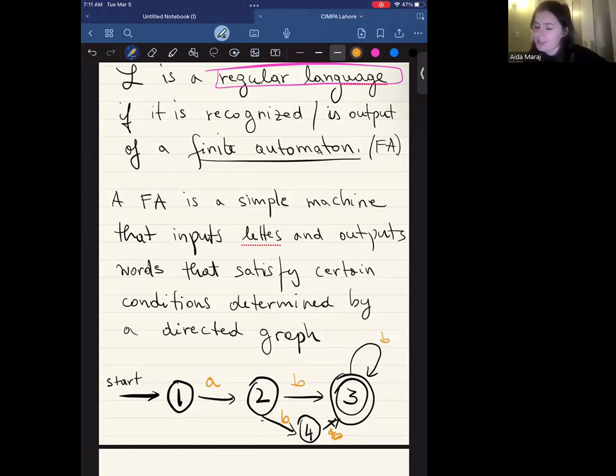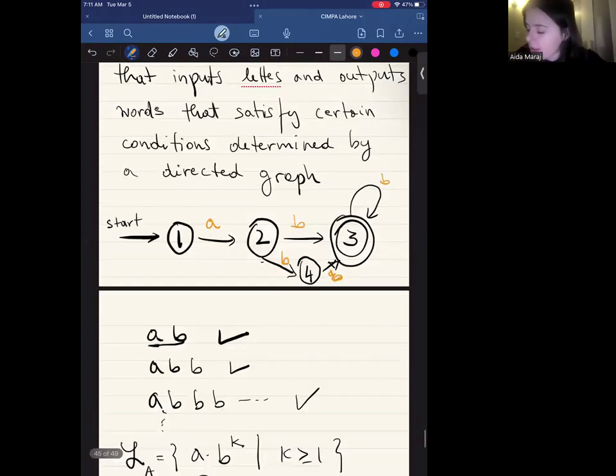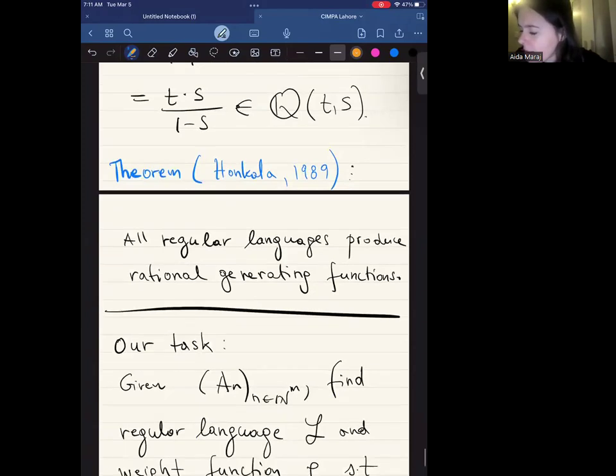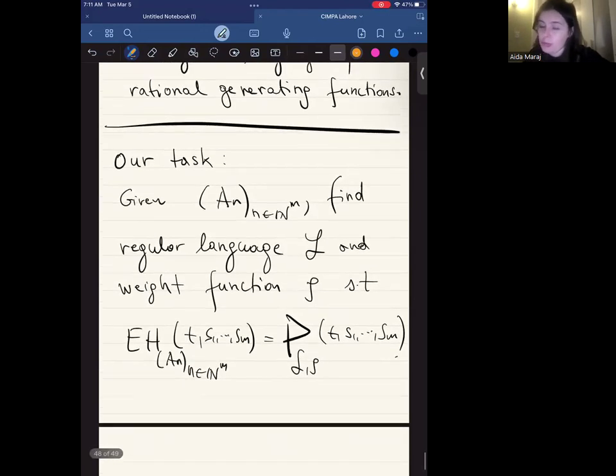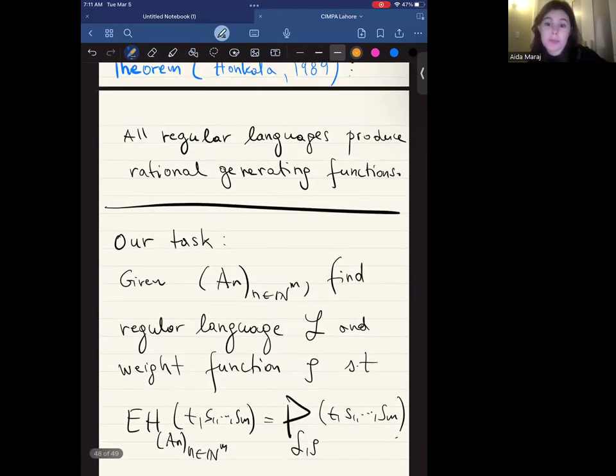But you would not like this one. You would like more the other one because it had fewer states to work with. And we do advocate for automata with a low number of states, because the theorem that I mentioned here also provides a way to compute the rational generating function. So once you have a regular language that works for your problem, you are done. You even have the rational presentation. That's the main strong part of this approach.